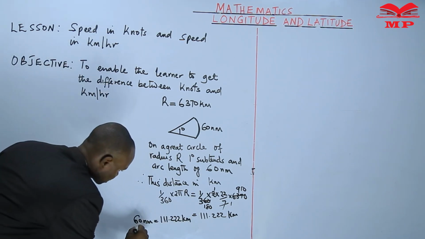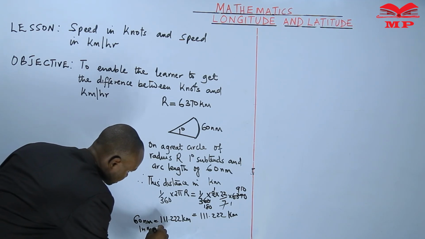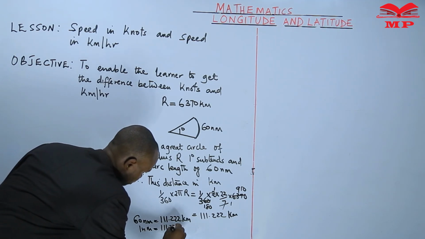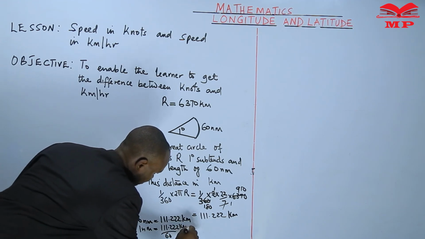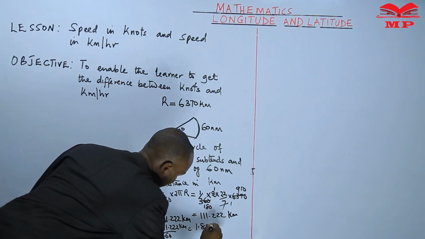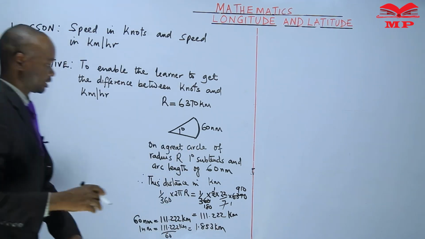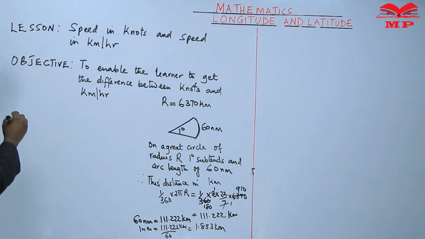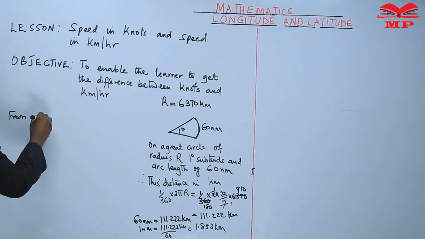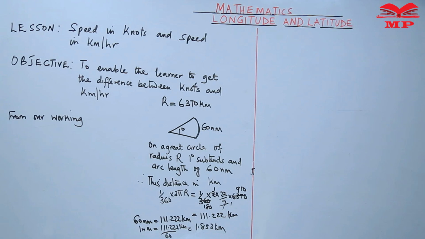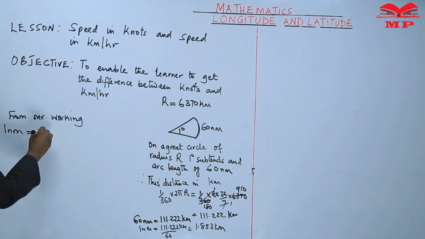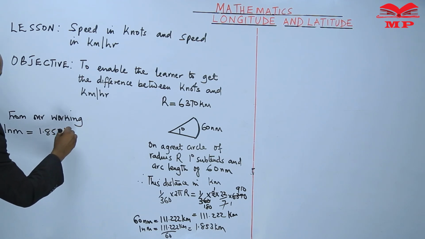It will mean 1 nautical mile will be 111.22 kilometers divided by 60, which gives 1.853 kilometers. So from our working, 1 nautical mile, Lana, is 1.853 kilometers.